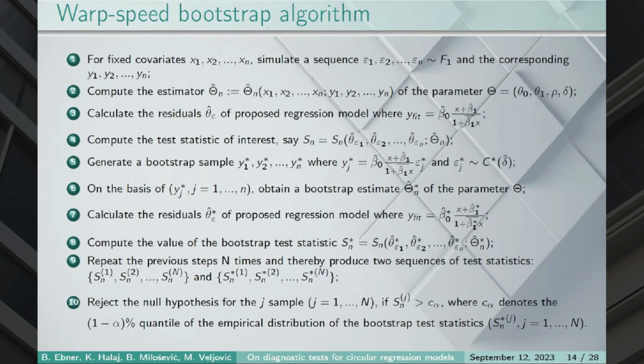We repeat this procedure n times and get 2 sequences of test statistics. For each sample, we reject the null hypothesis if the value of the test statistic is greater than the appropriate quantile, which is obtained based on the empirical distribution of the bootstrap test statistics.